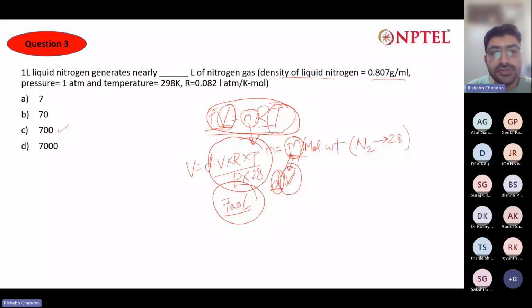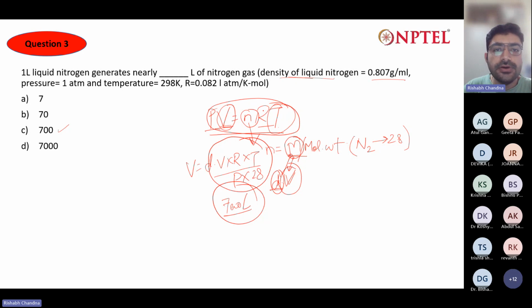Yes. So I hope you know the ideal gas equation, PV is equal to nRT, that we use to calculate the variables in case of any ideal gas that we consider. P is pressure, V is volume that we have to calculate, n is the number of moles, R is the gas constant, and T is the temperature.